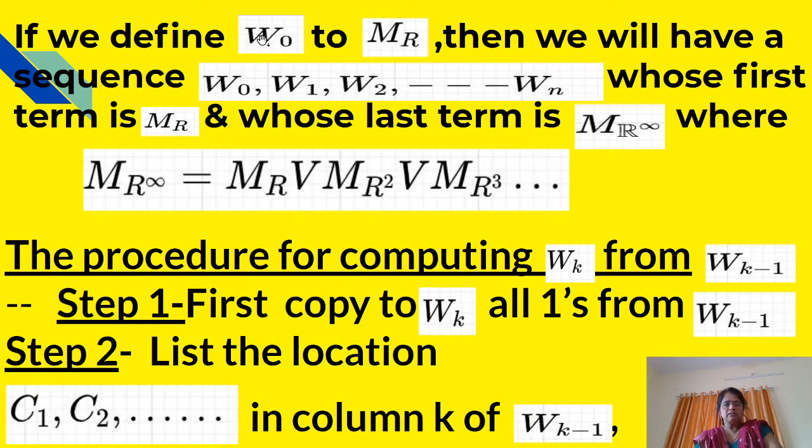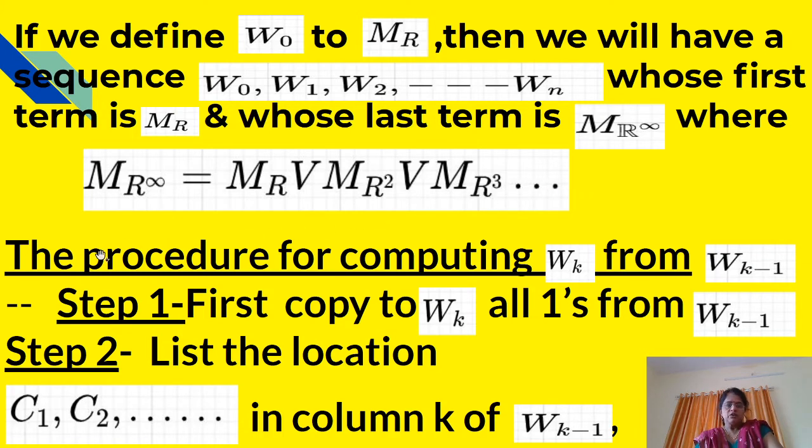If we define W0 to be MR, then we will have a sequence W0, W1, W2, ..., Wn whose first term is MR and whose last term is MR raised to infinity, where MR raised to infinity is equal to MR join MR square join MR cube, and so on.